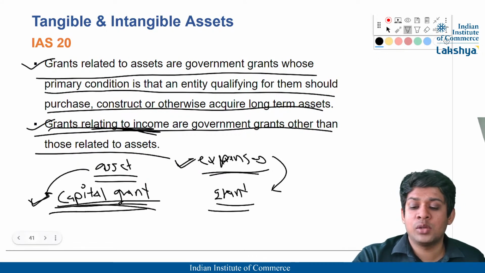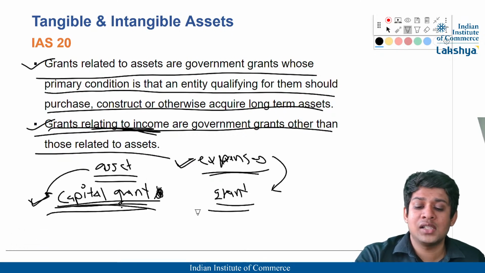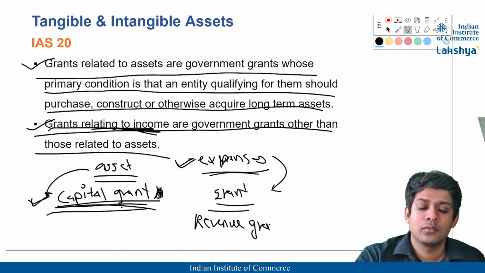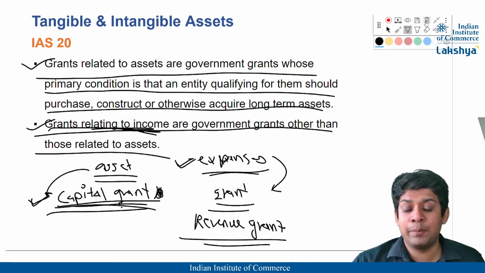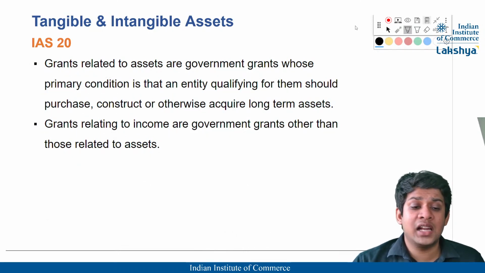Okay. So there are some grants which are known as capital grants for the purchase of asset, and anything which is not a capital grant will be known as revenue grant, right? That is grant related to the expenses that I'm incurring. Okay. Like our employees example that I gave you, that I'll hire 50 employees every year, that I'm not purchasing an asset, right? Employees are not my asset.